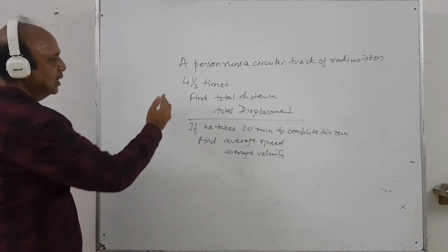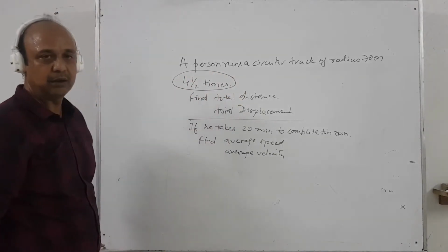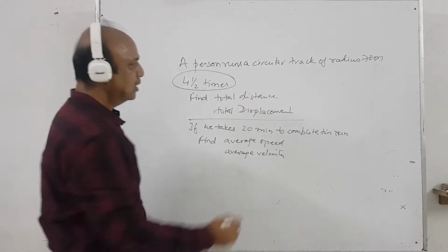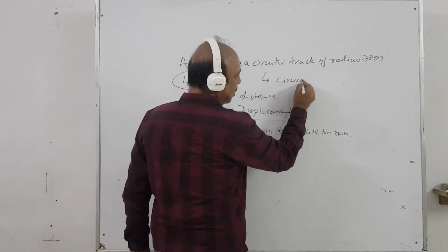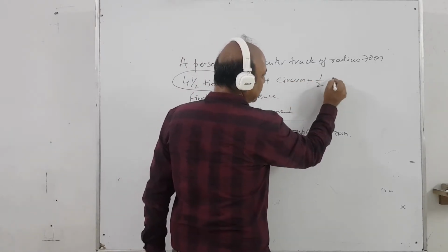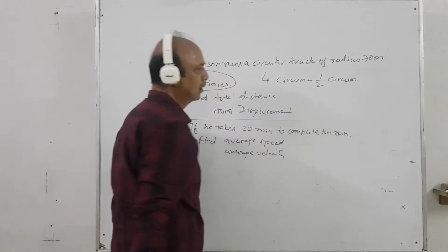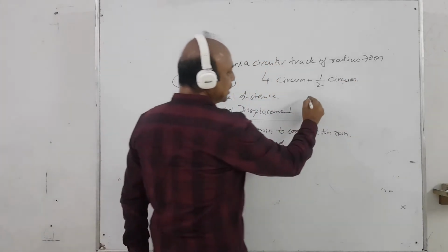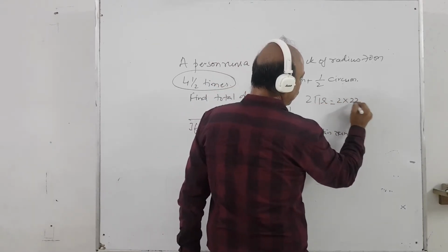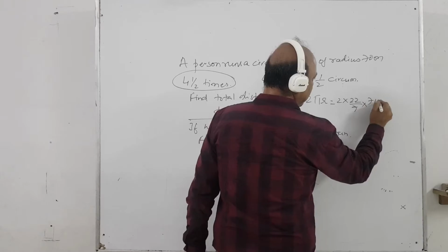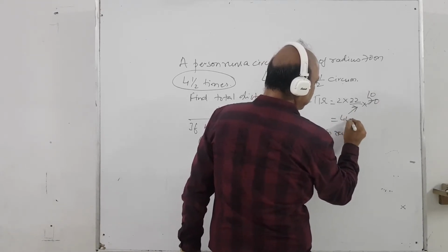Now, just see, I said 4.5 times. That means he has run 4 circumferences plus half circumference. 1 circumference is 2 pi r, which is 2 into 22 by 7 into 70, which makes it 440 meters.